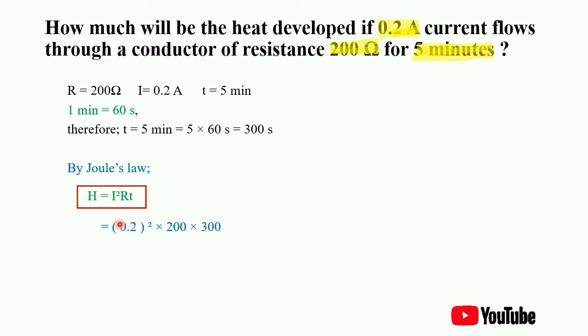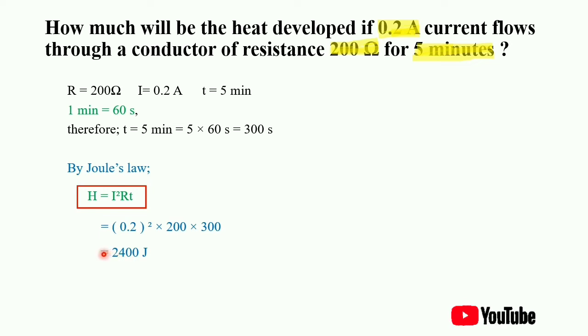Substituting the value of I, that is 0.2, into this equation, we can rewrite it as 0.2 whole square into the value of R, which is 200 ohm, and the value of time, which is 300 seconds. Okay, clear? Then we can find this value.